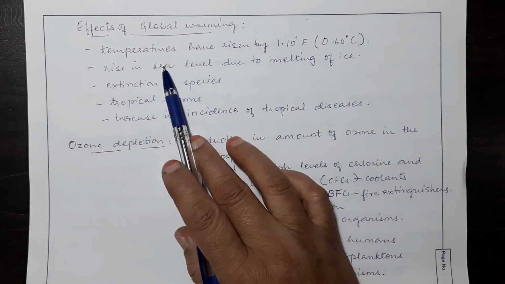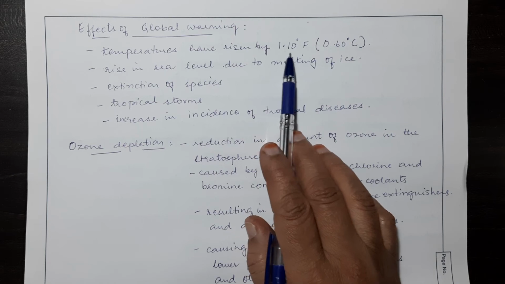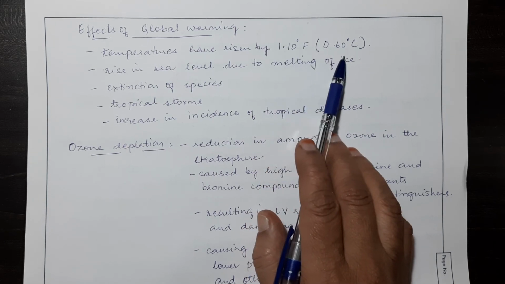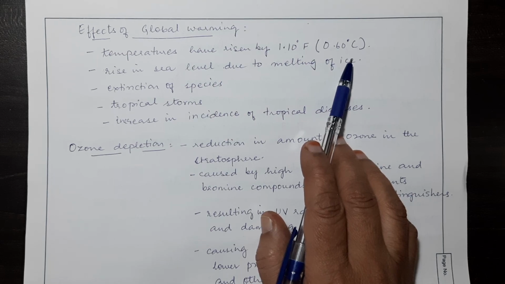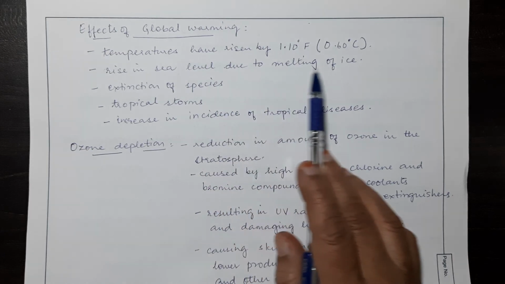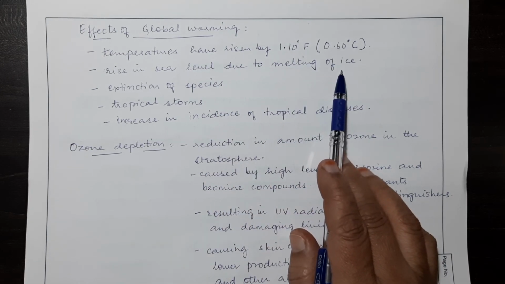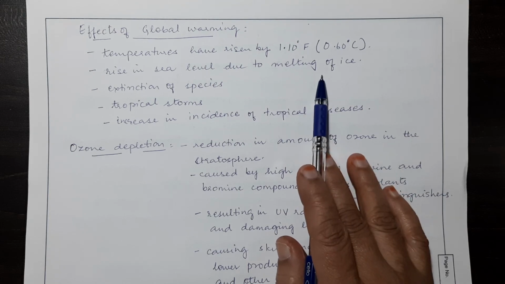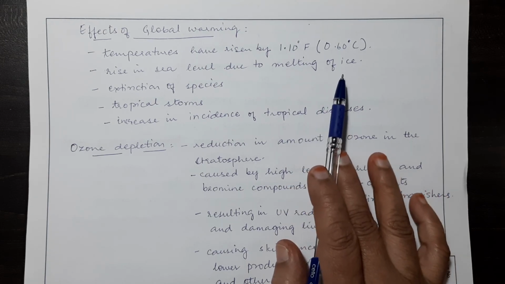The temperatures have already risen by 1.10 degrees Fahrenheit every year, which is 0.60 degrees Celsius. There is a rise in the sea level due to melting of ice. This melting of ice is possible only because of the sun's heat.